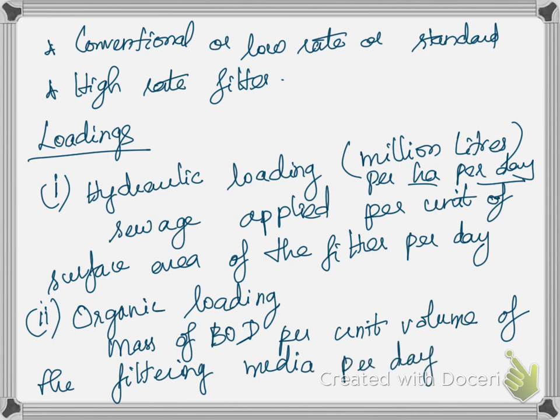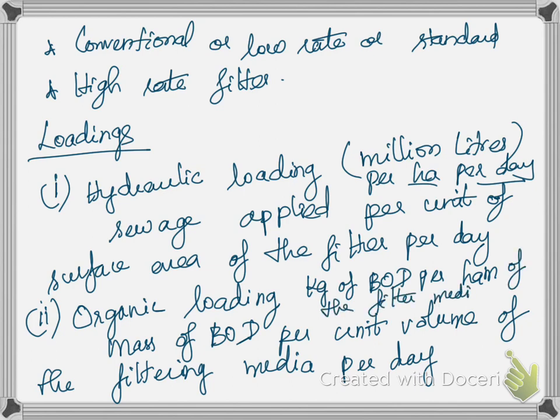Usually it will be expressed in terms of kg of BOD per hectare meter of the filter media per day. So it is kg of BOD per hectare meter of the filter media per day. So these are some of the basics of your trickling filter.